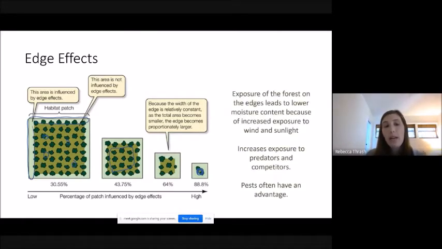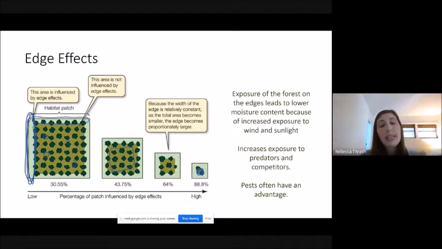When you have a clearing of trees and you have this really stark boundary, it causes the soil and the vegetation on these edges to be more prone to drying out, not being able to retain enough moisture because of increased exposure to wind and sunlight. For some biomes, this also makes it more prone to forest fires.